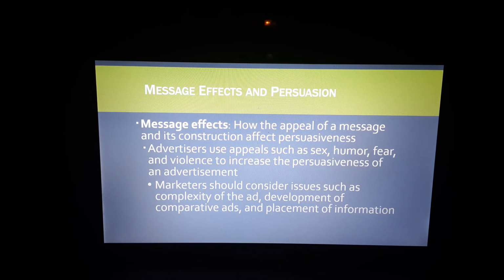And where the ad is placed, the exact message used, what the ad looks like, what characters or images are used in the ad, and that kind of thing.